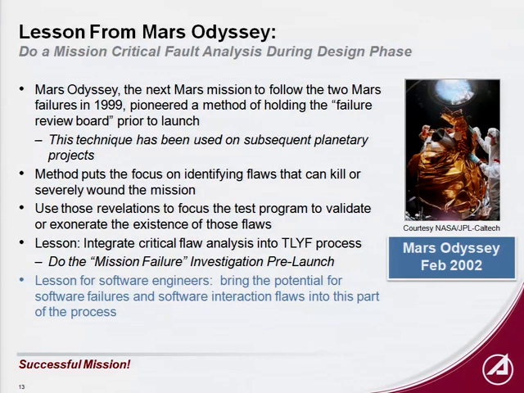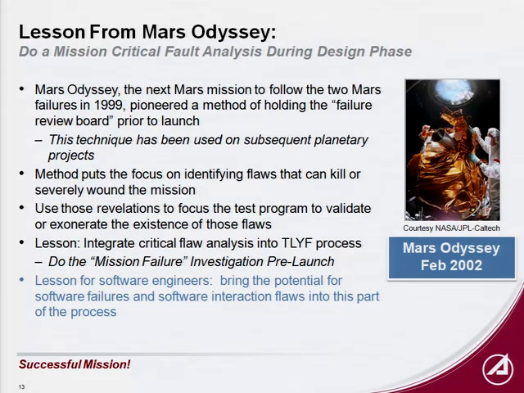met with the chief engineer out of Odyssey after having seen those failures in '99, the back-to-back climate orbiter, polar lander failures. And one of the things that came out of the Mars Odyssey project was this thing that says, not only do you have to do this forward-looking kind of test, but you actively have to understand where you can introduce failure.